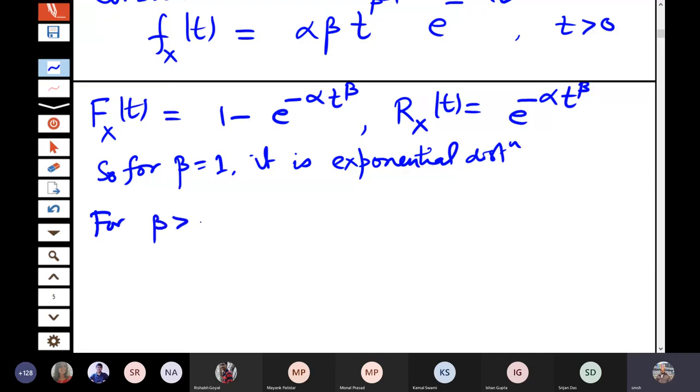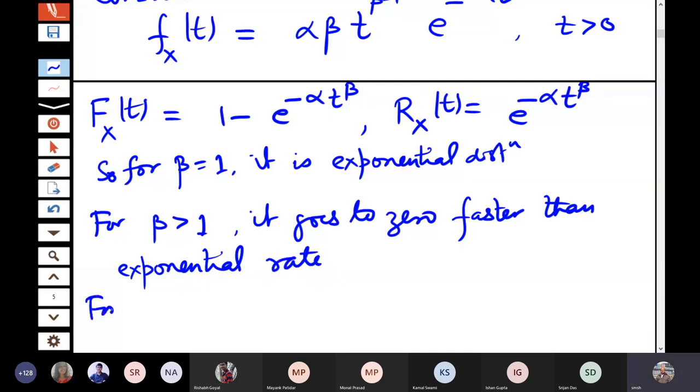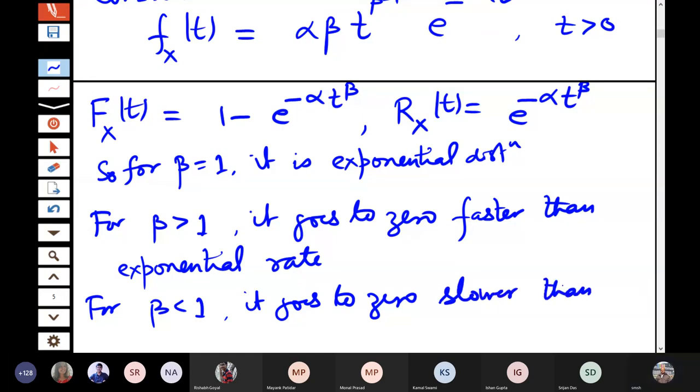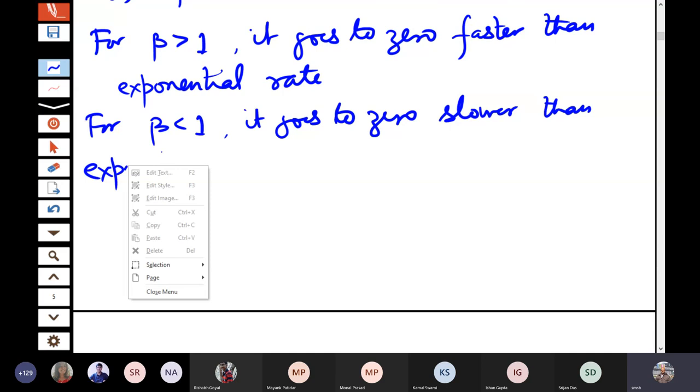For beta greater than 1, it goes to 0 faster than exponential, and for beta less than 1 it goes to 0 slower than exponential rate.